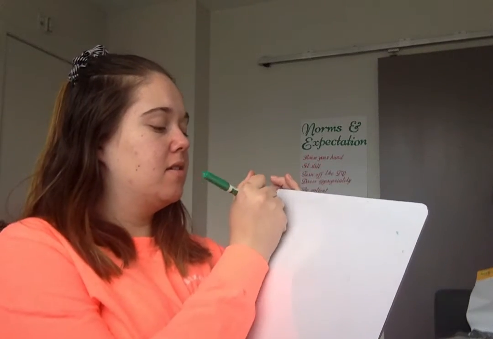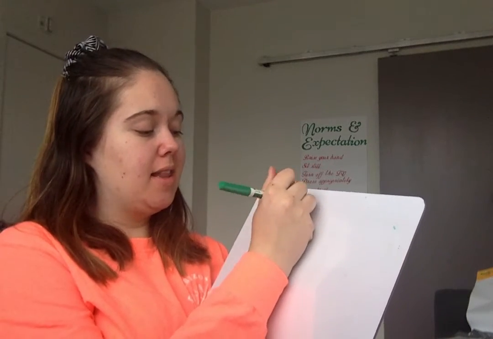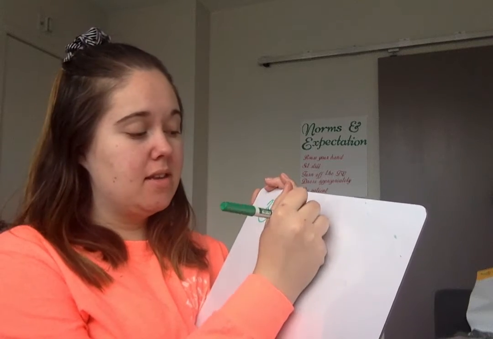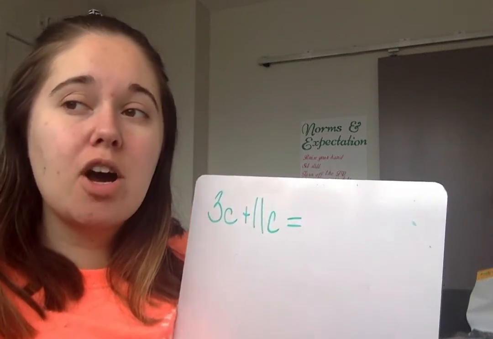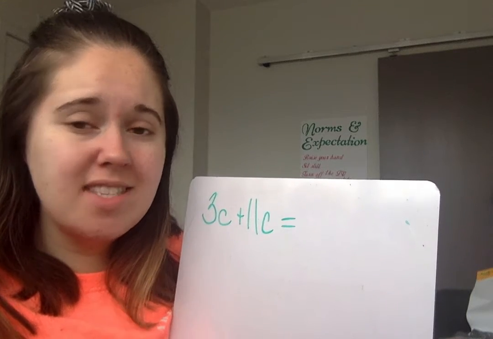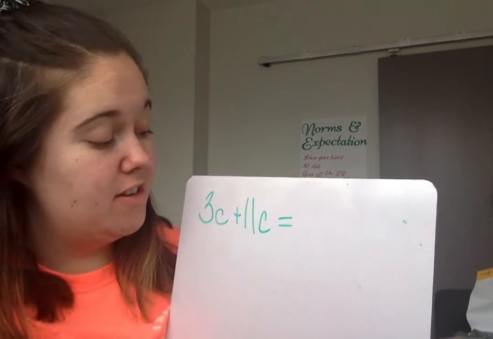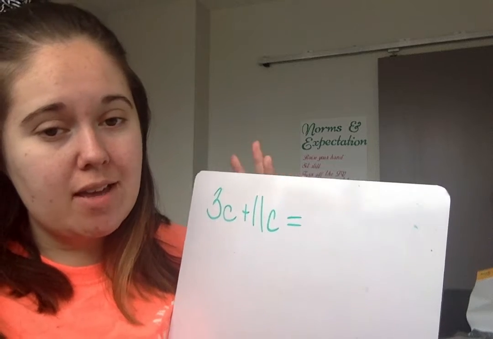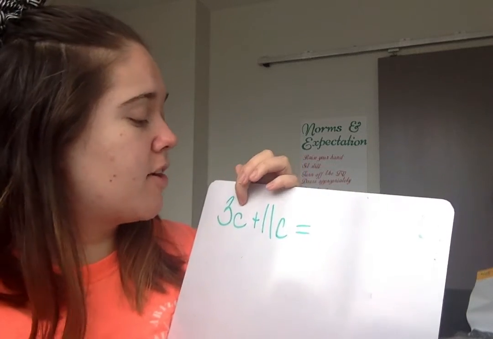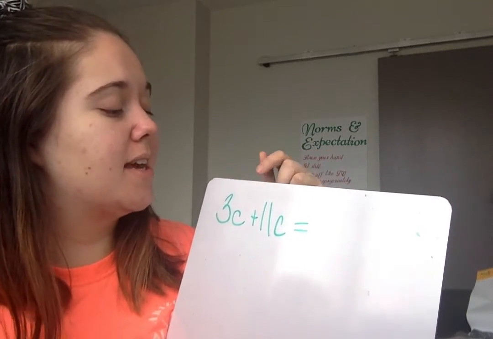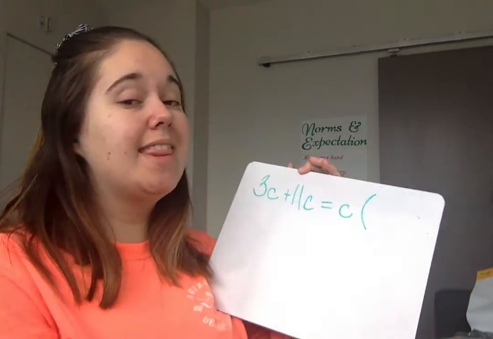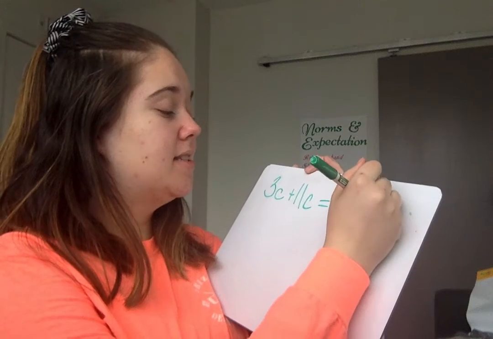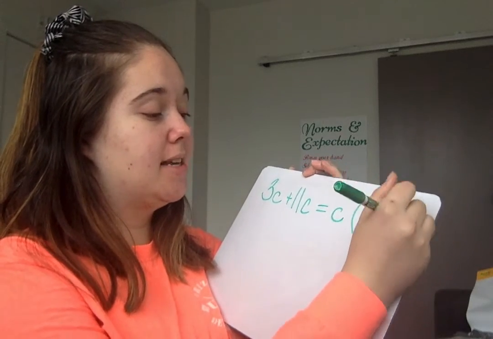Number 3, we get 3c plus 11c equals. Here, the greatest common factor is not a number that you know of. 11 and 3 don't have a common factor, but they do have a common factor here. 3c and 11c have a common factor of c. So in this case, we've got c times 3 plus 11.